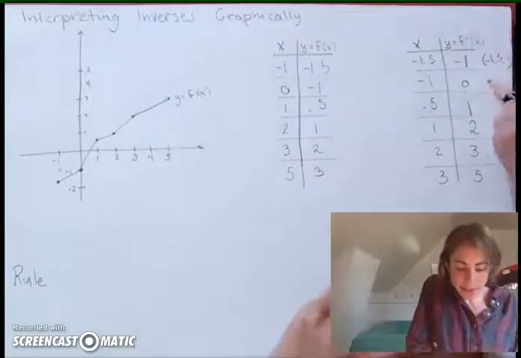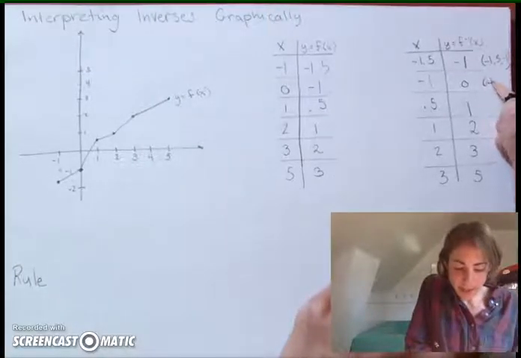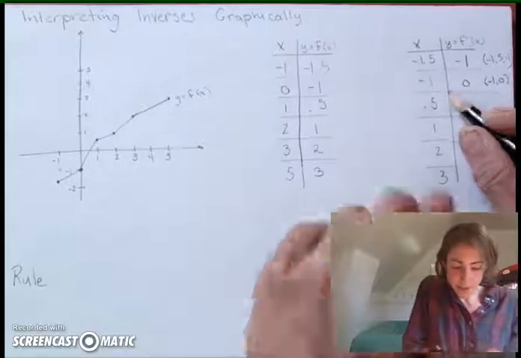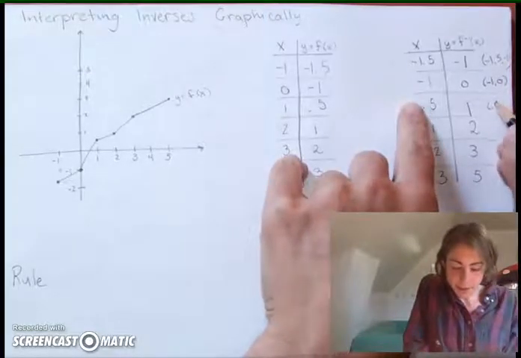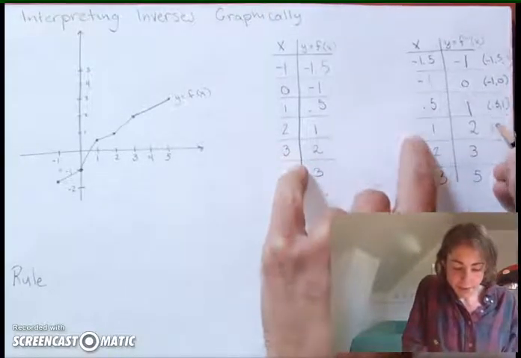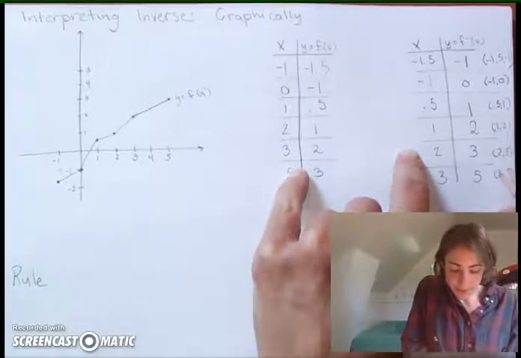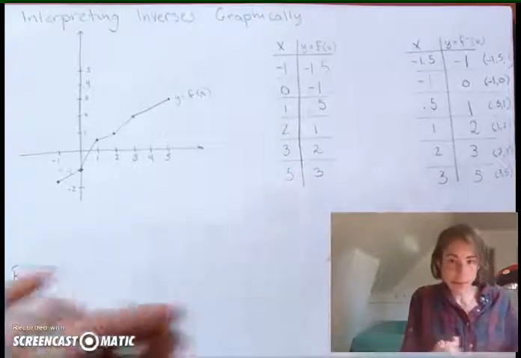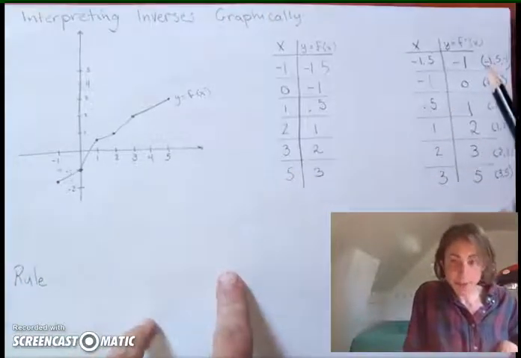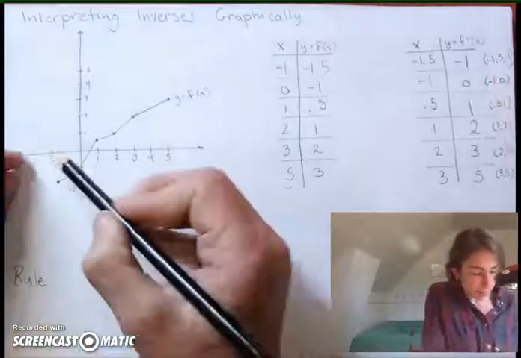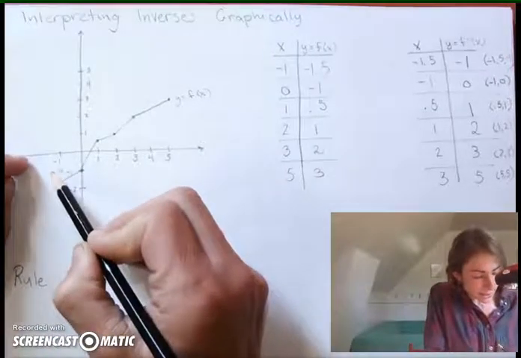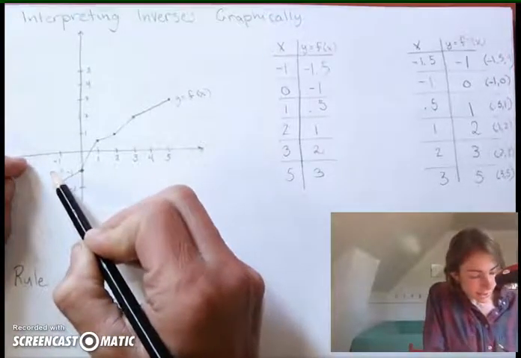Now what's neat about this is this function table now allows us to graph the inverse function because each pair gives us coordinates on the graph. So let's go ahead and plot each of these points for the inverse function and see what we can observe. So the first point I'm going to plot is -1.5 comma -1. So that's going to be about here and there.